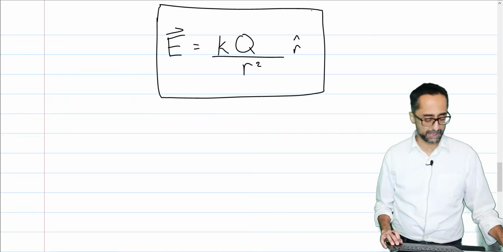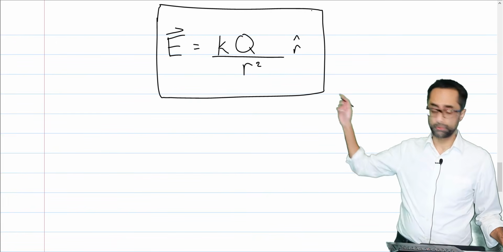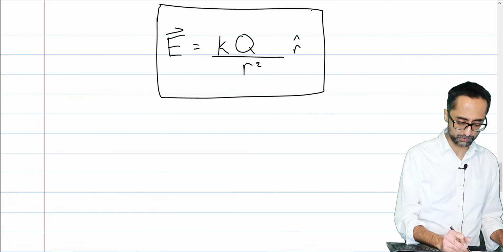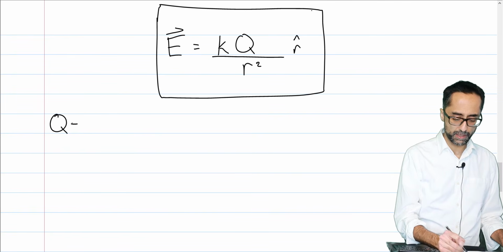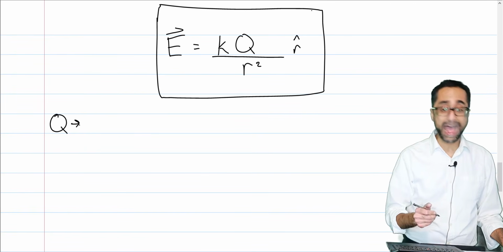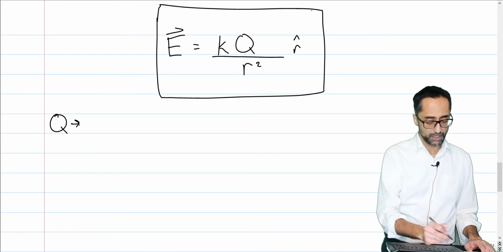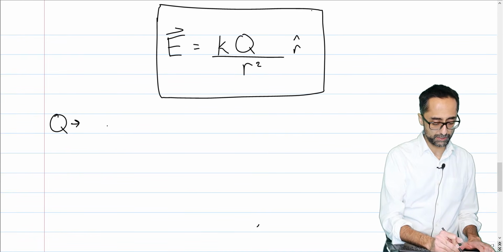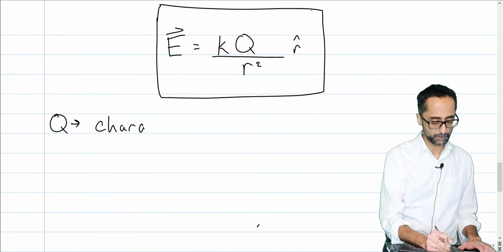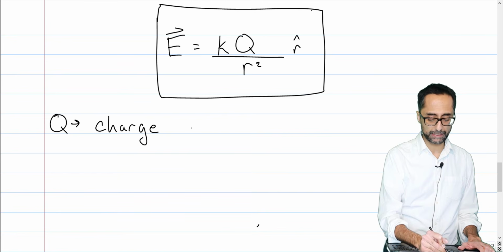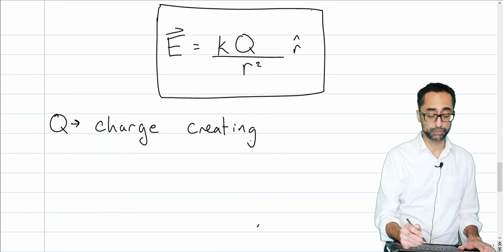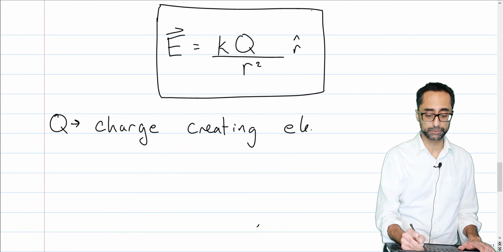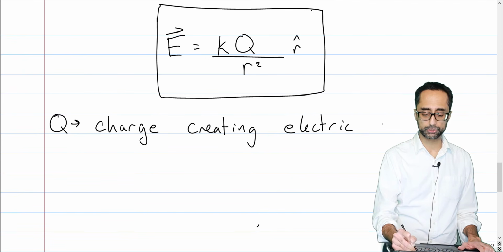Before we do that, just let me add to this equation what the various terms are because it is new for us. Of course, E we've defined already as the electric field. Let's call Q the charge creating the electric field. So that is some electric charge.